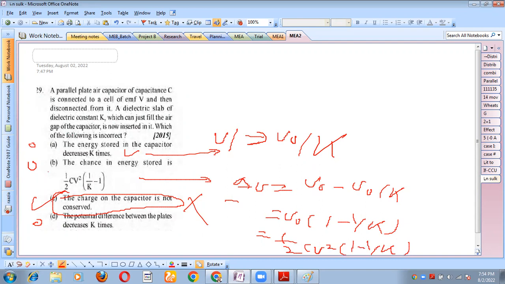Option B is also true. Option A is also true. And the potential difference between the plates, yes, it is correct. We know that V is equal to V naught. So A, B, and D are correct. C is incorrect, and here we have been asked for the incorrect one, so this will become the correct choice. Getting my point?